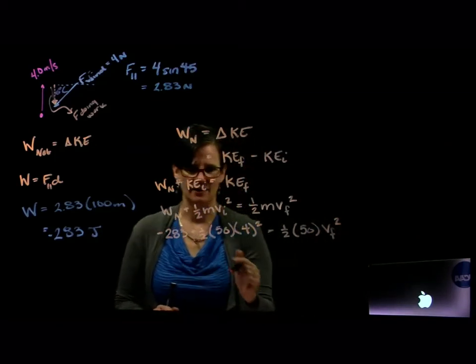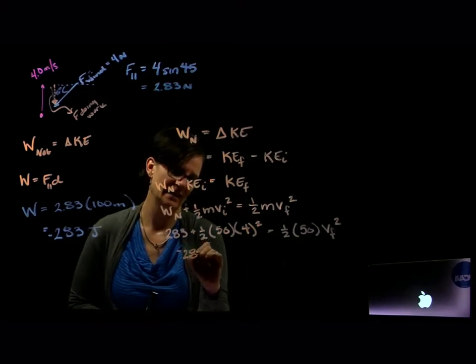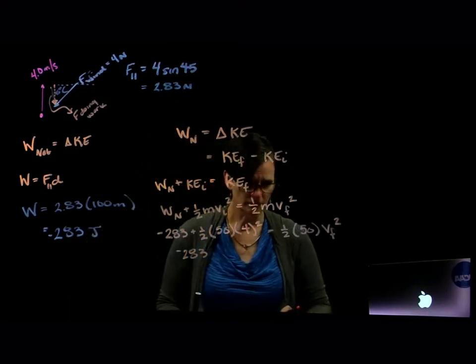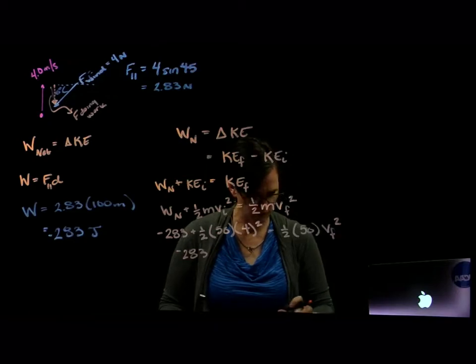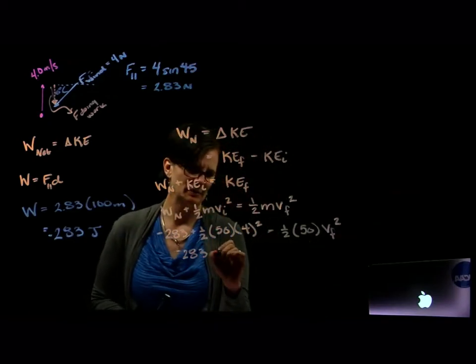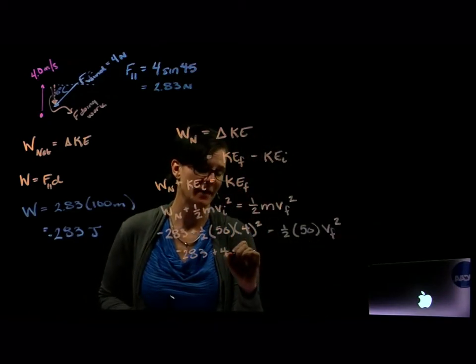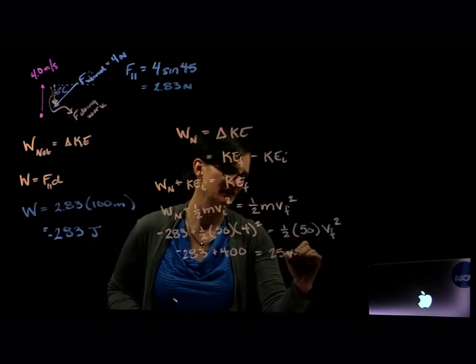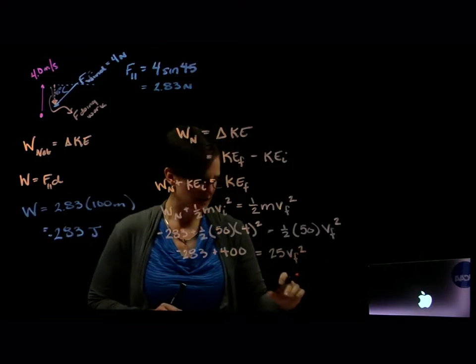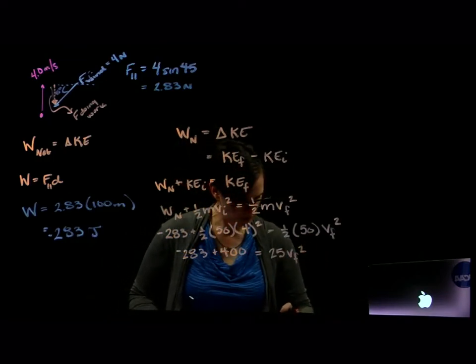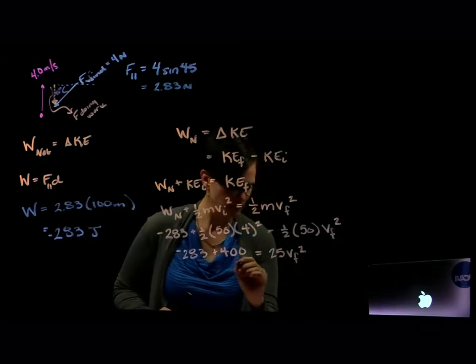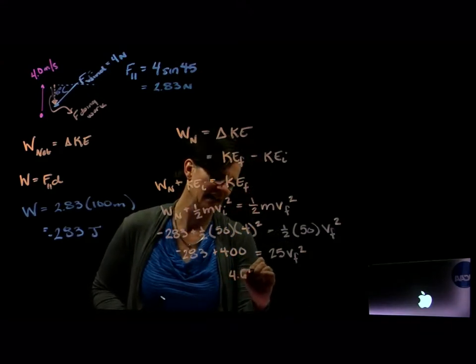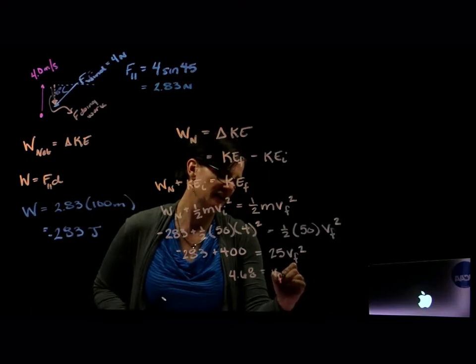So we have minus 283, and 25 times 4 gives us plus 400. I should have been able to do that in my head. Plus 400 equals 25 v final squared. So 400 minus 283 divided by 25, we get 4.68, which is equal to the final velocity squared.